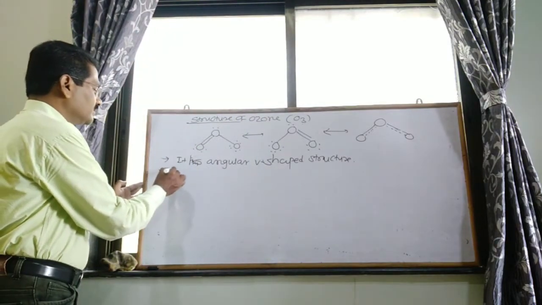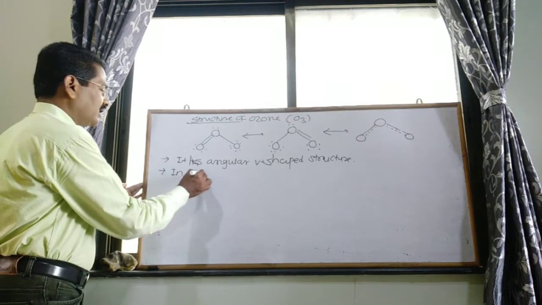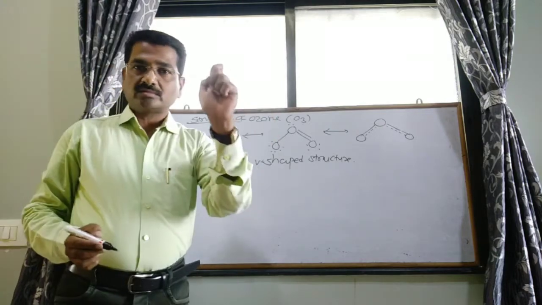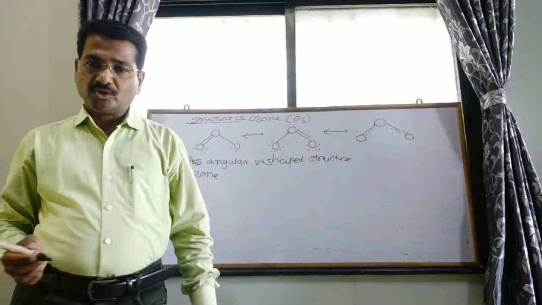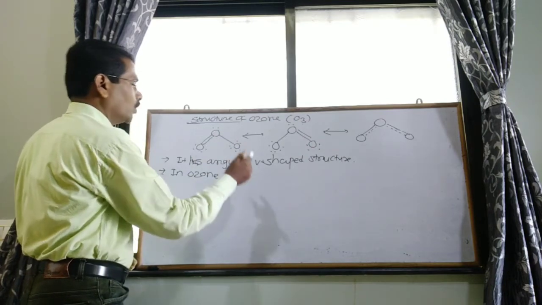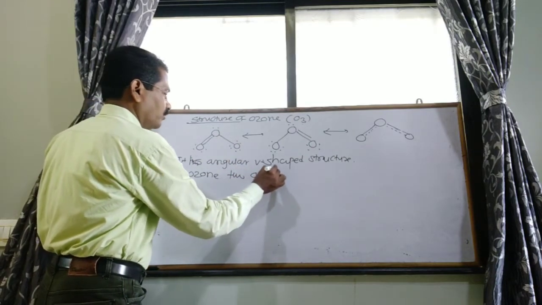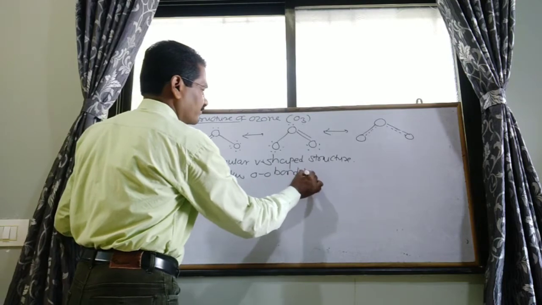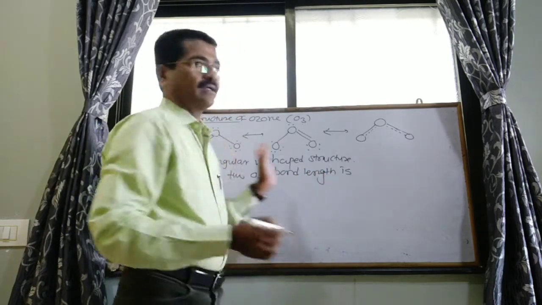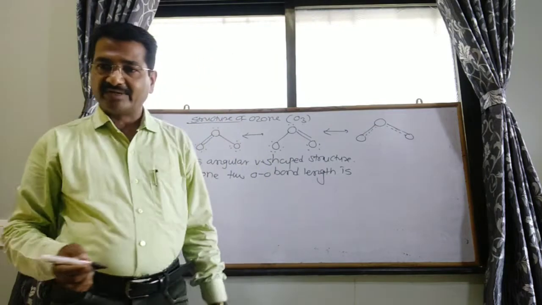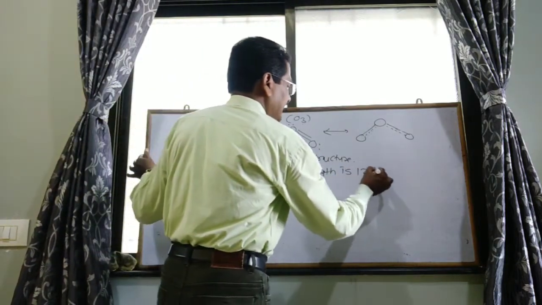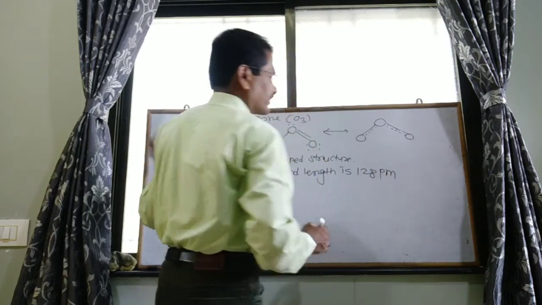In ozone, the two O-O bond lengths are 128 picometer.